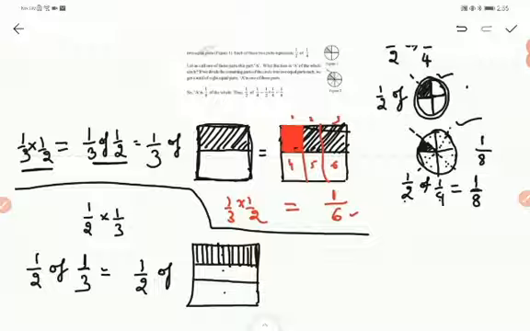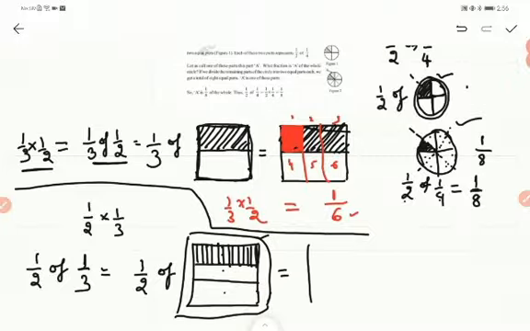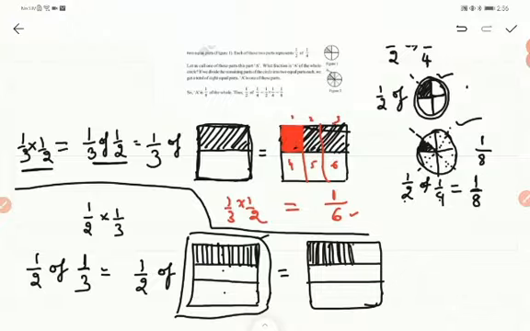Now this is 1 by 2 of this block. So how will you draw this? First take this part as it is. This was how much? 1 by 3. So this is divided into 3 parts, and one region is shaded, isn't it?